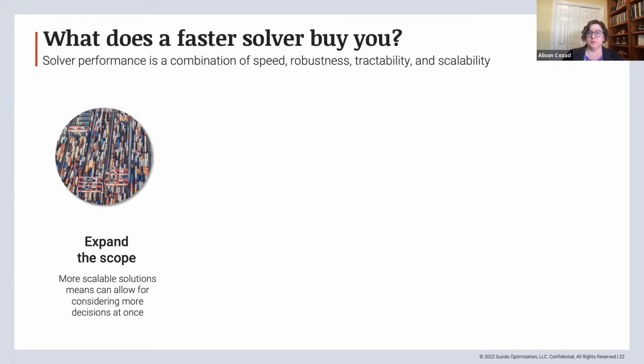Maybe it allows you to include some amount of uncertainty and so forth. And what we wind up seeing a lot in this case is actually at some point, the scope may have had to be pared back in order to be tractable. But if you do find yourself moving to a faster solver, maybe reassess whether or not you needed to have shrunk that scope or divided up your problem.